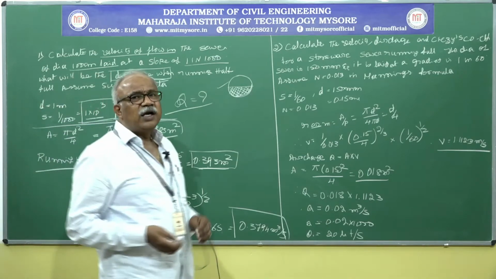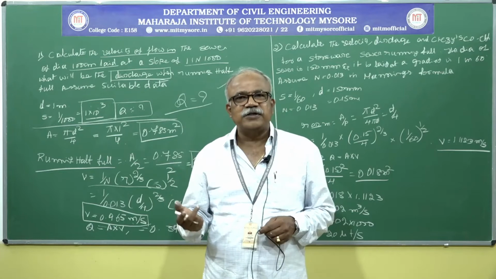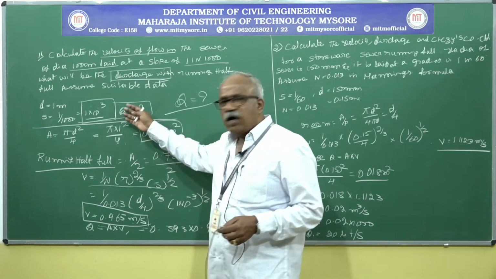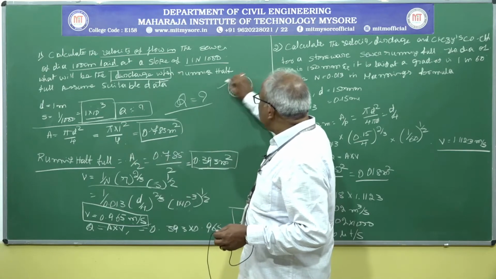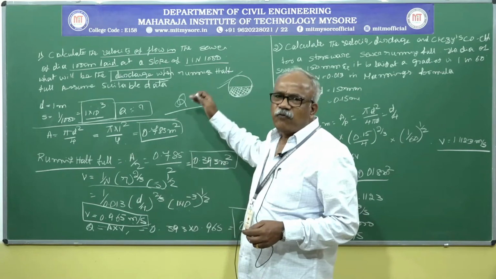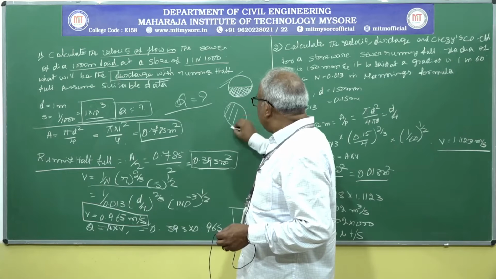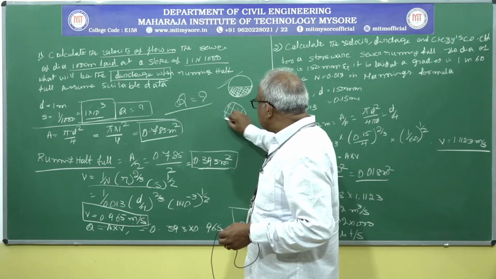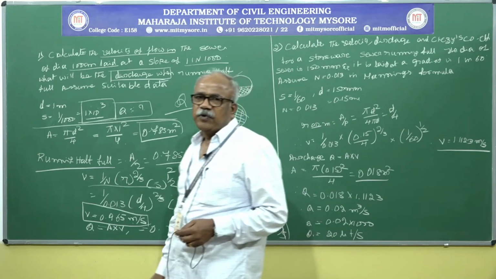Manning's equation only to calculate the velocity. So after calculating the velocity, it is very easy to calculate the discharge. Area we can easily calculate because the area of flow is compulsorily given, either half full or full. The area of the conduit, hence automatically the size of the conduit should be given.